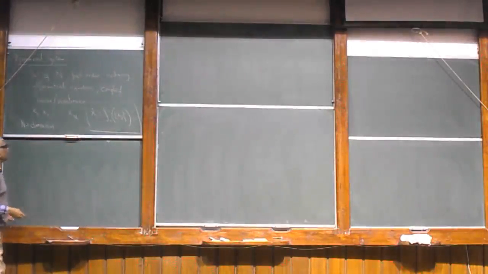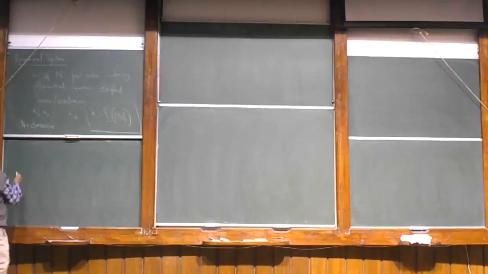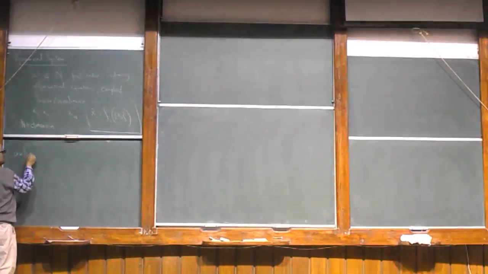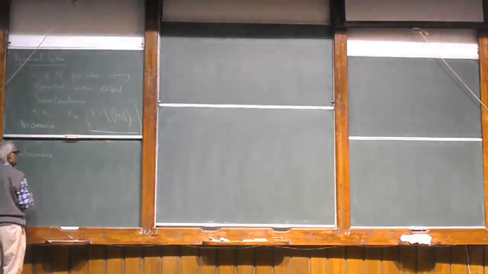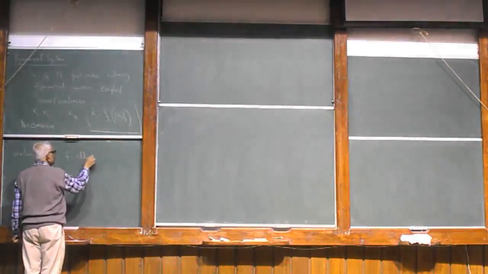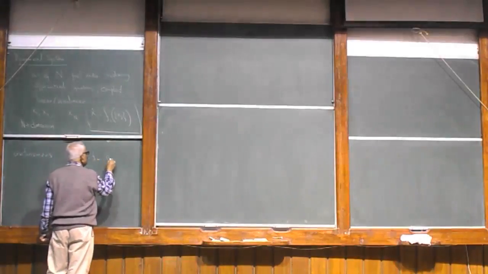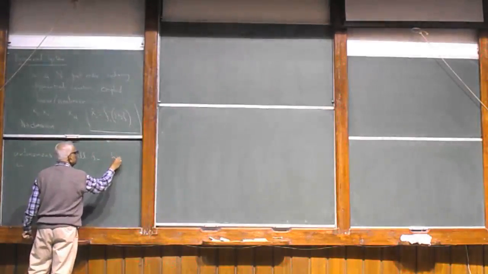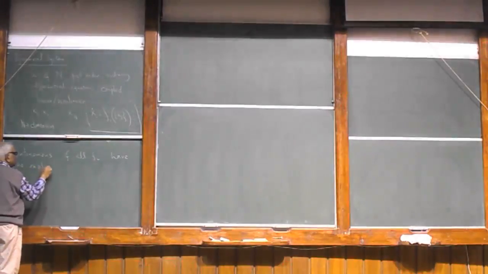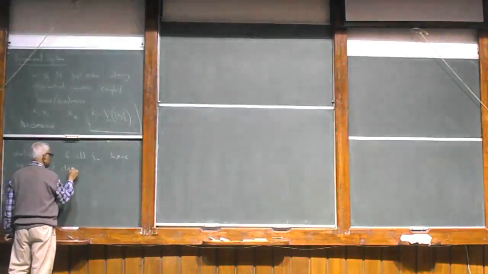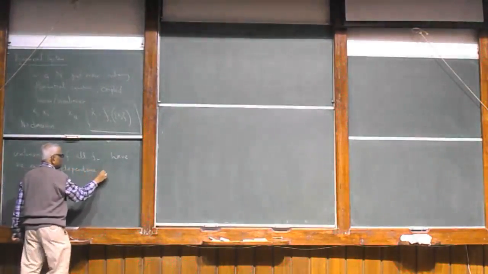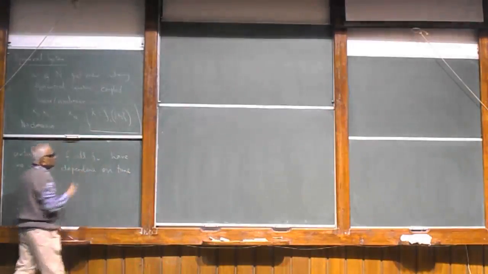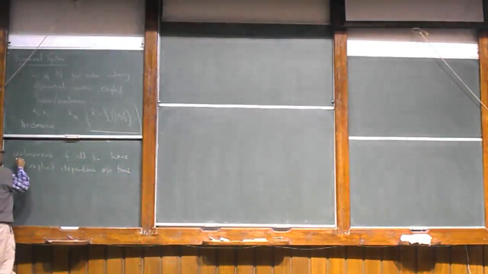Now, the first point to note is that it is called autonomous if all the fi have no explicit dependence on time. That's what makes it an autonomous dynamical system.